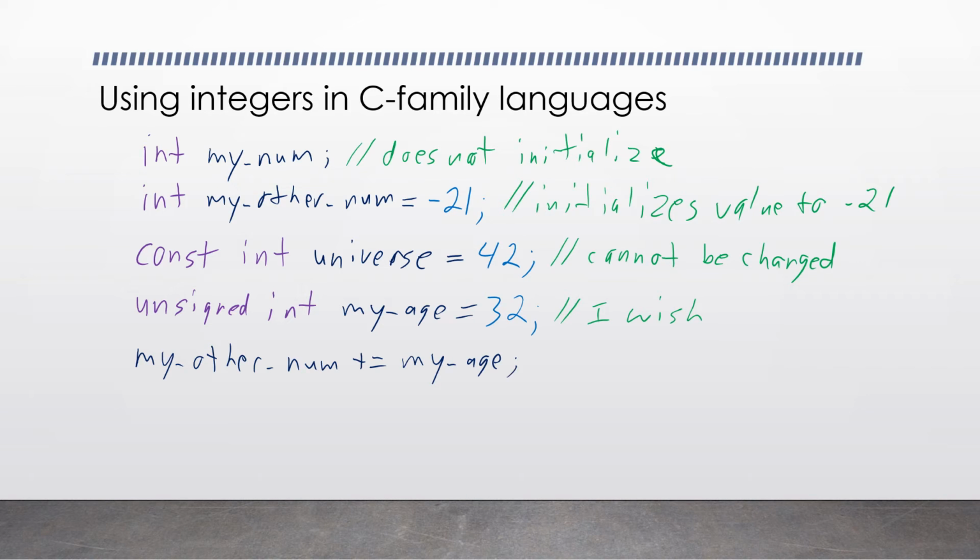The plus equals operator takes my age and adds it to the current value of my other num. So this adds 32 to negative 21 and stores that value in my other num.